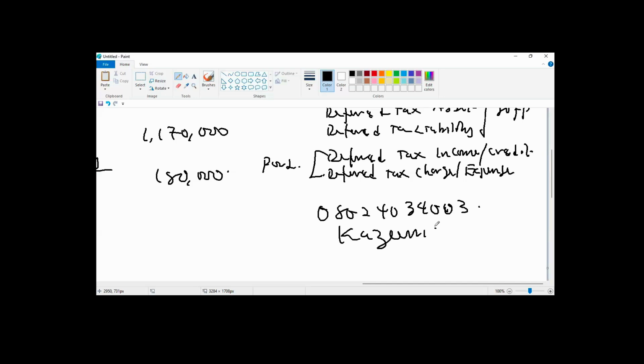What we have been doing this morning is IAS 12. IAS 12 only covers two things, current and deferred tax. Just like IAS 16 covers PPE. So what we have been doing is just the principles of IAS 12.